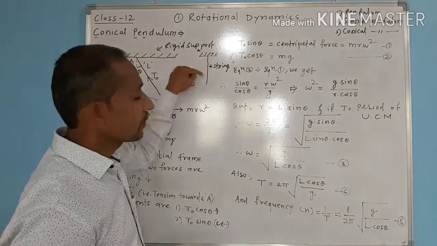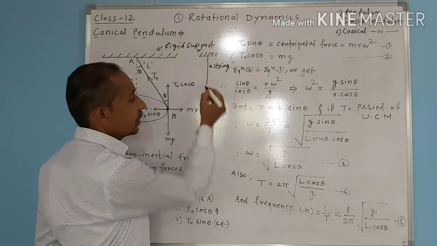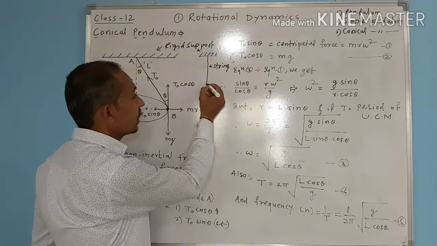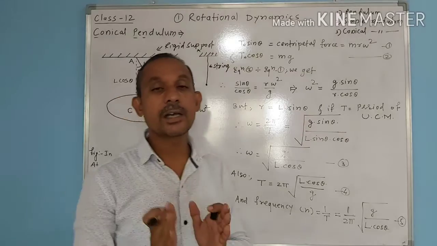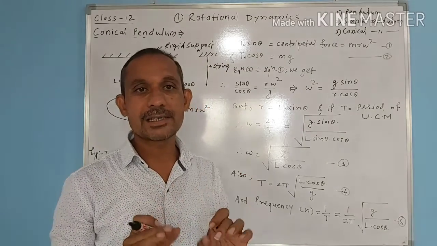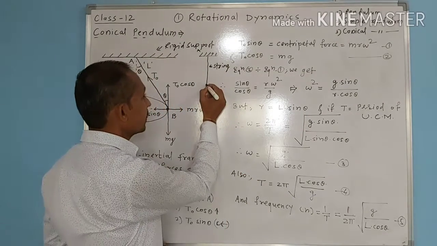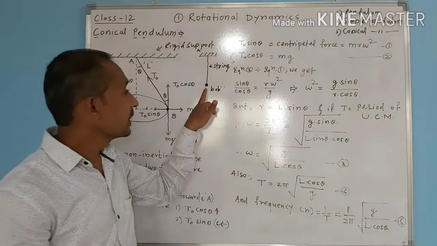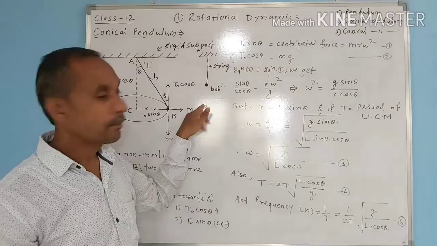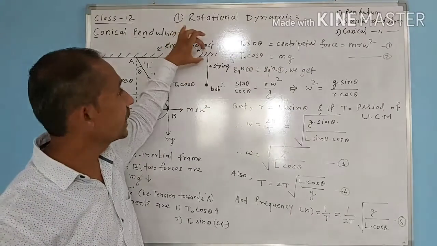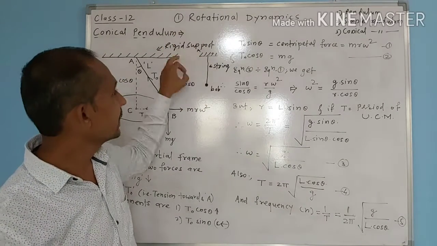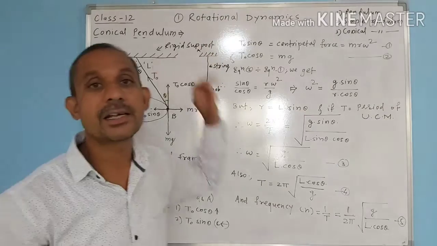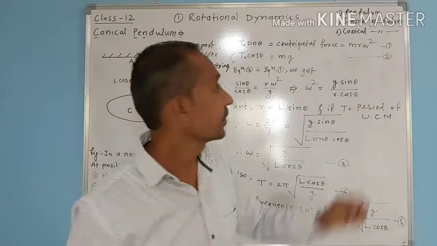To this end of the string, a small teeny object or point mass is attached, called the bob. This bob is suspended by means of the string with the help of this rigid support. This arrangement is called the pendulum.